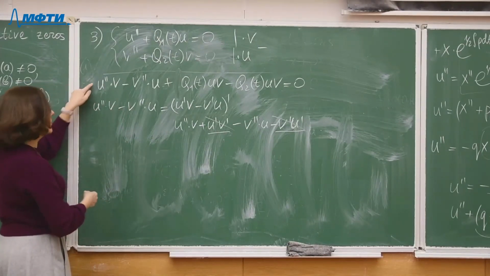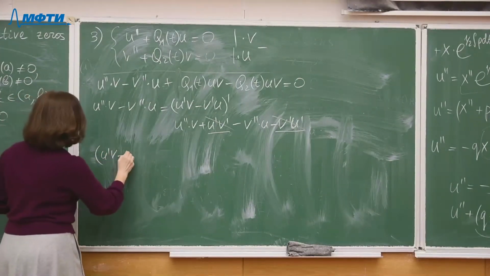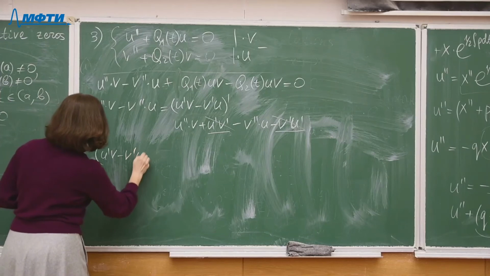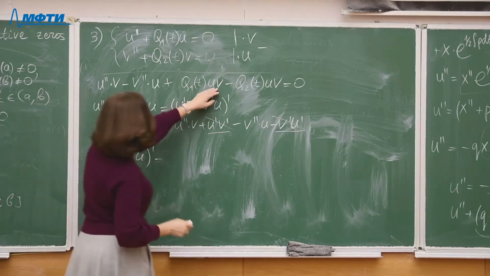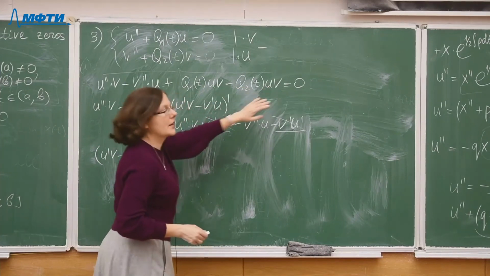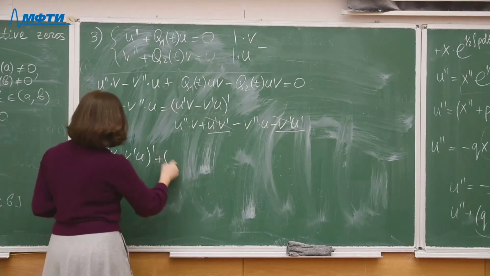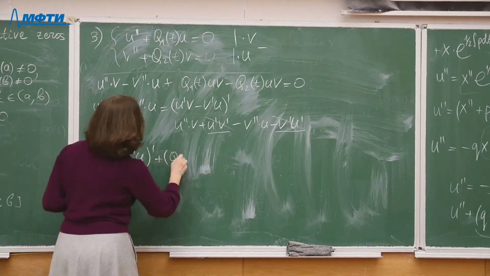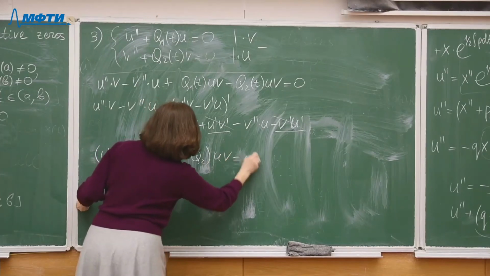So this equation can be rewritten as u prime v minus v prime u, prime, equals, so not equal to, plus. So uv is a common factor for the last two terms. So it will be plus q1 minus q2 times uv equals 0.